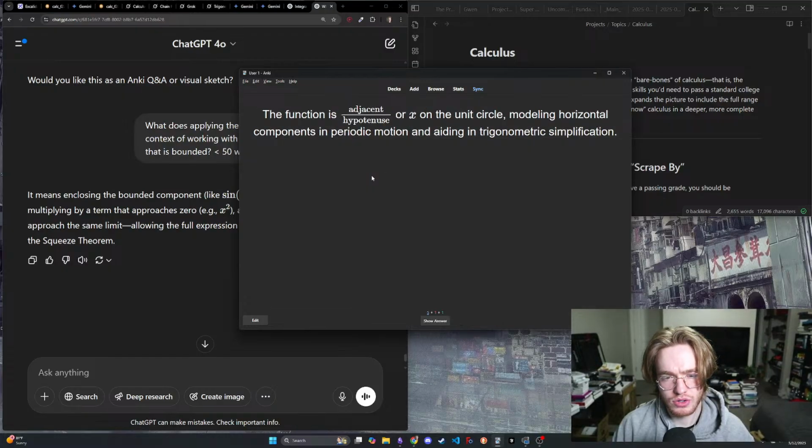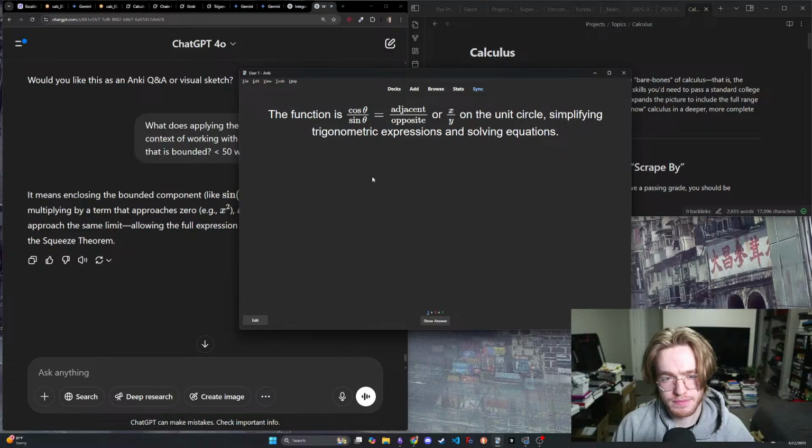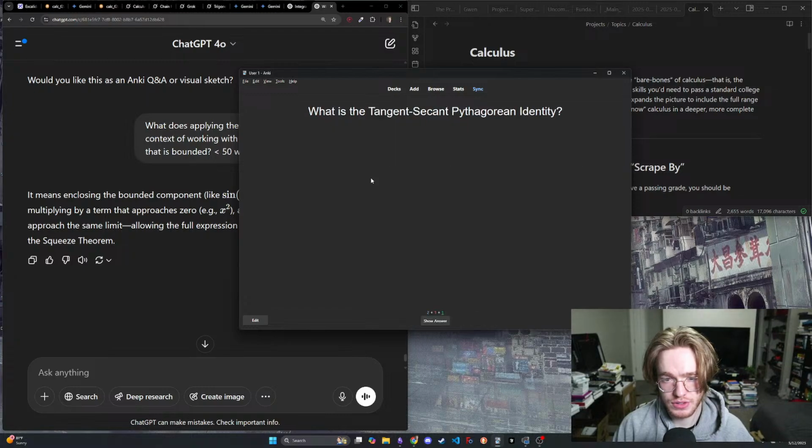Adjacent over hypotenuse, this is cosine. This is tangent. This is cotangent. The tangent secant identity is 1 plus tangent squared theta equals secant squared theta.